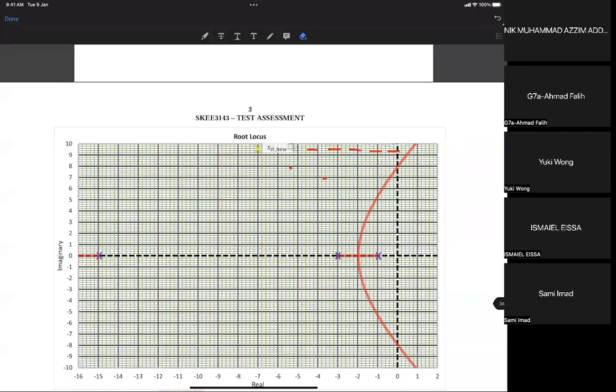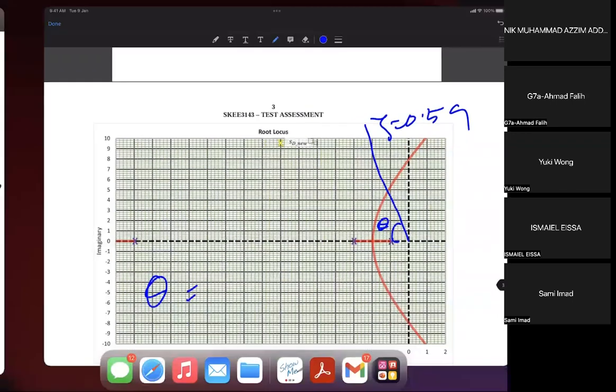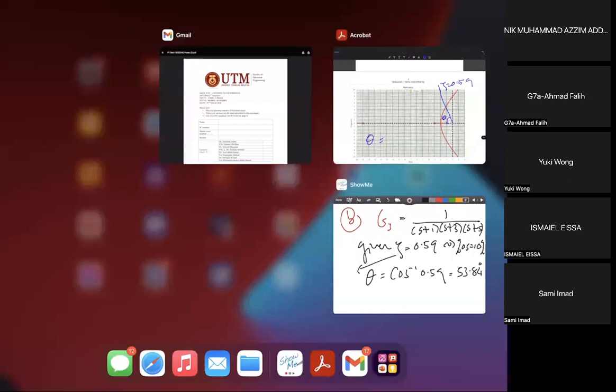So come back to the question here. We want to find the old dominant poles. This one is the new one. So to find the old dominant pole, we have to draw the zeta line. And this is the theta. Theta tadi berapa? Safwan? 53.84, kan?